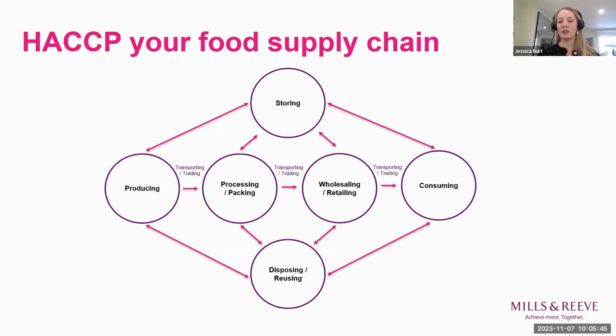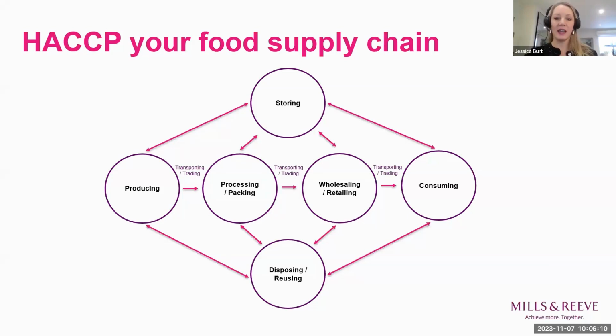And so it's so important to look at this as an individual business and your individual products, to look and see where are the hazards, what are the hazards, where's the likelihood of them occurring, and so what can I do to mitigate the risk, to reduce the risk of anything going wrong of these hazards.